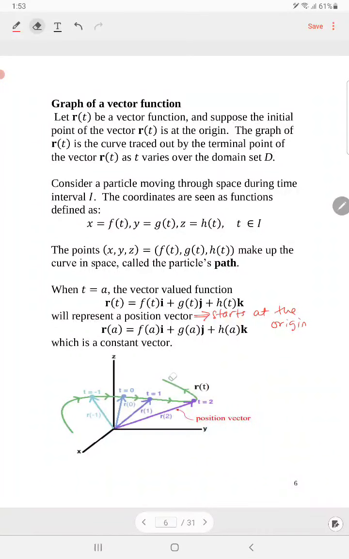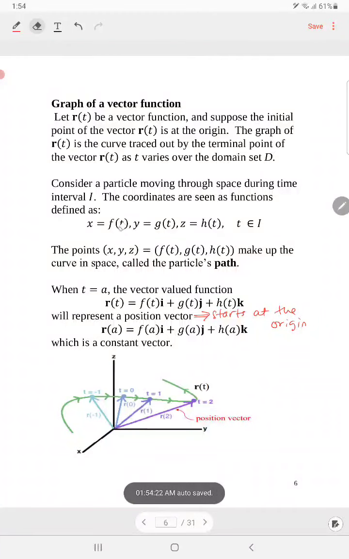If you consider a particle moving through space during time interval I, here we have f of t, g of t, h of t. Those are all the components of your vector function r. f of t is the x component, g of t is the y component, and h of t is the z component. When you replace t with a value, let's say a, you get one point x, y, z when t is a.